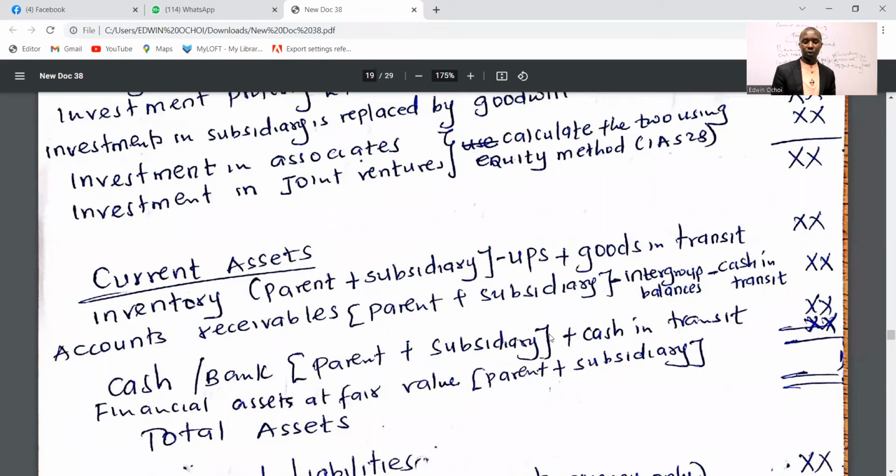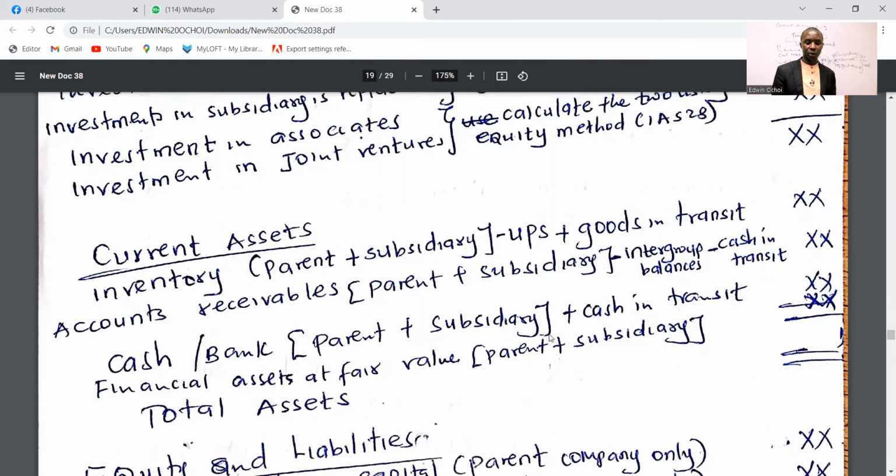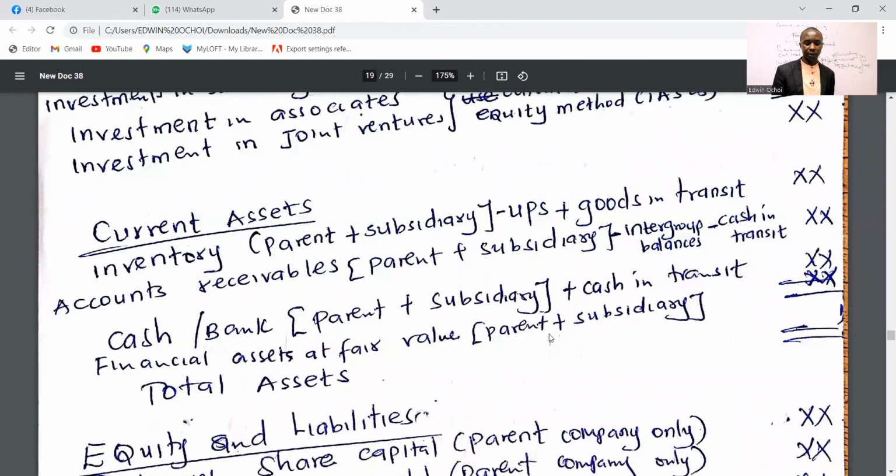The intergroup balances you minus there are deducted under payables. The cash in transit, which is minused under the accounts receivable, is added in cash or bank. And that is what you can see next. Cash or bank, parent plus subsidiary. You add cash in transit.